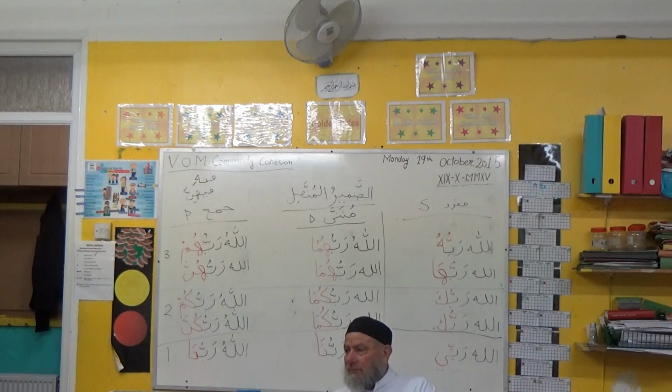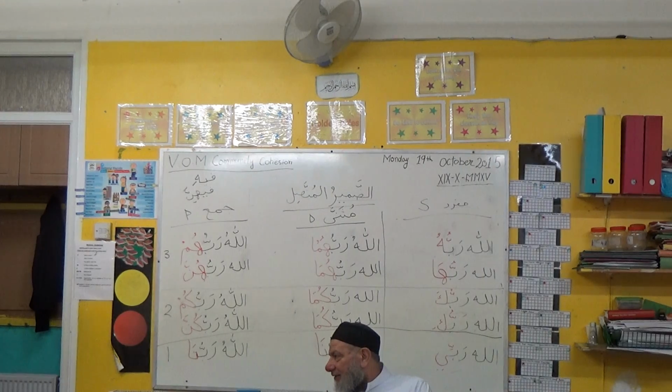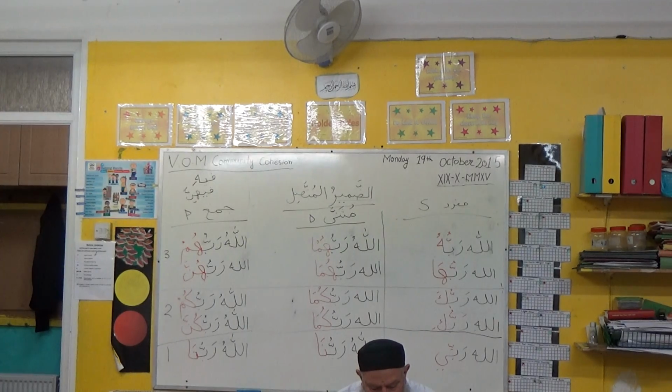Like yaf'al. When I say yaf'al, the ya has what? Fatha. Okay? But when I say kareem, the ya here is i. So when it comes to the pronoun ya, if it is at the end, then it is i. But if it is followed by another vowel or another letter, it must be ya, to make the sound. Right? Okay.